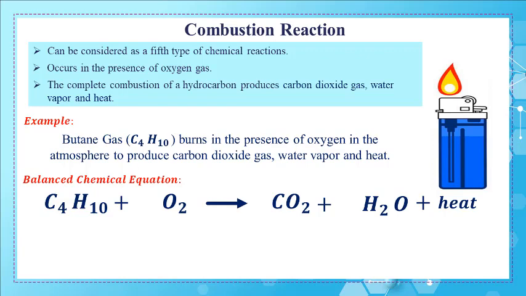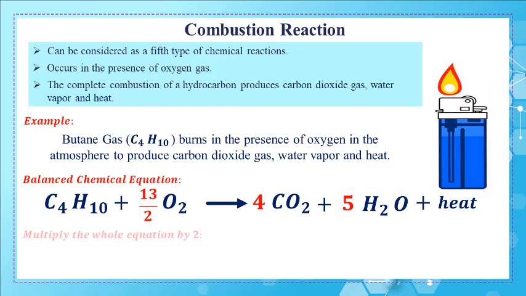To balance the number of carbon atoms, multiply CO2 by 4. To balance the number of hydrogen atoms, multiply H2O by 5. To balance the number of oxygen atoms, multiply O2 by 13 over 2.